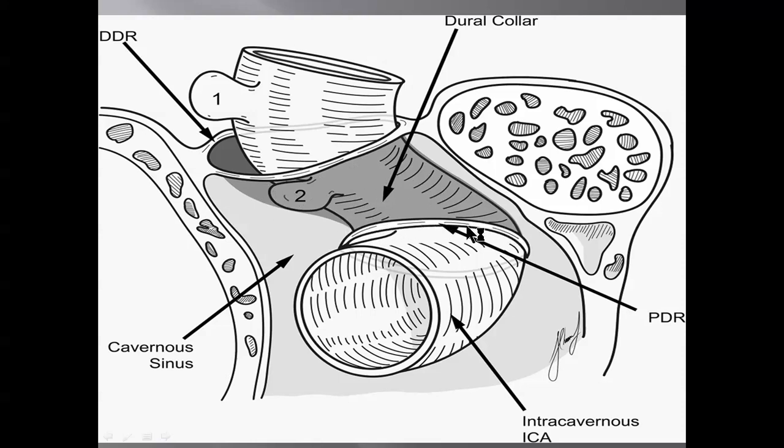So this is the proximal dural ring, and this is the distal dural ring surrounding the internal carotid artery, as we can see in this image. This forms a collar, hence it is called the dural collar of the internal carotid artery at this segment.